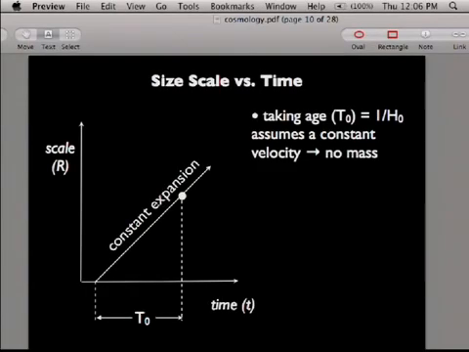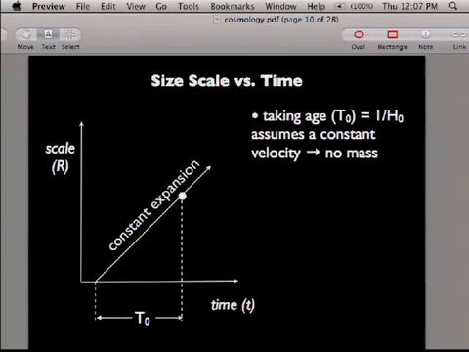So if we don't have any matter, then the universe was born and it will constantly expand. We just have this linear relation between time and the scale factor. But if we have some mass, how does it look different? Yeah, it slows down as time passes, right?